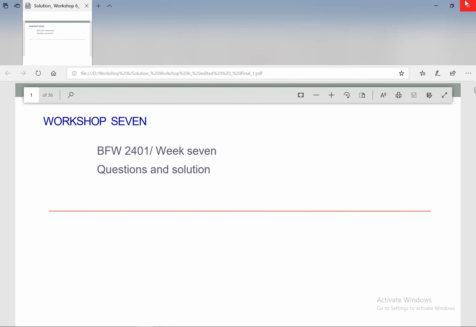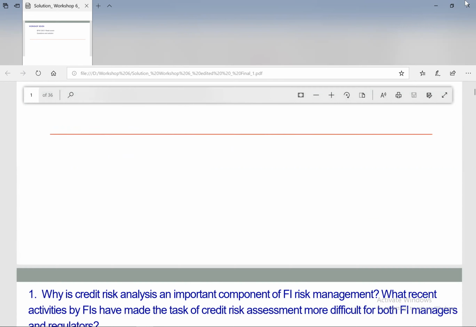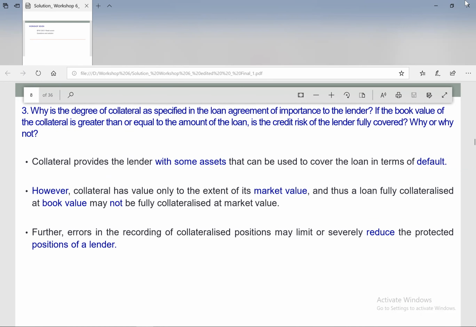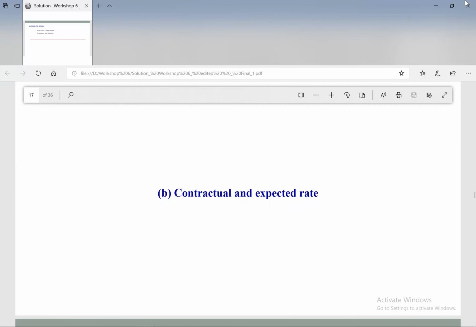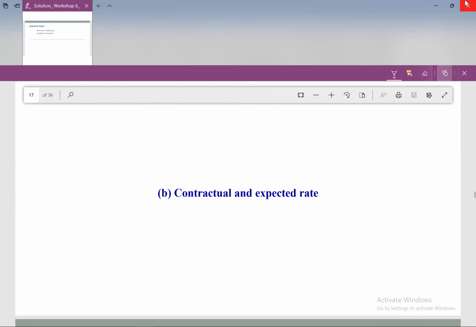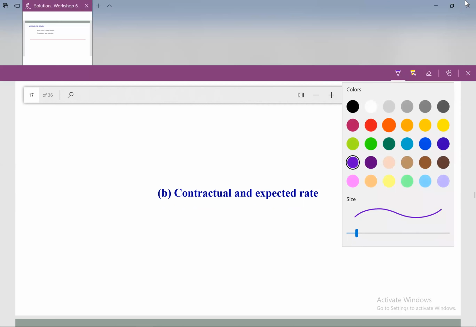Now, the way I planned this workshop is I will start with the calculation, and to start with the calculation, I will go to the contractual and the expected return. As you understand, in this area, we have these two formulas. They are the only formulas we have.